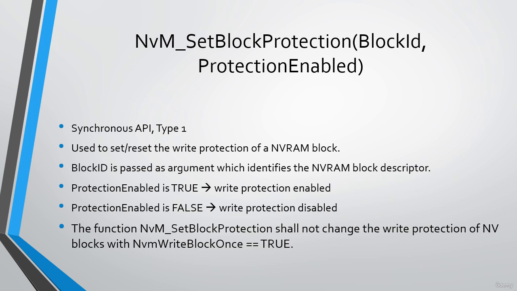So basically, if there is some block which has the parameter NVM write block once equal to true, then we will not be able to modify its write protection using this API, because NVM write block once means it has its own write protection mechanism. So we shall not be able to change the write protection of such blocks.